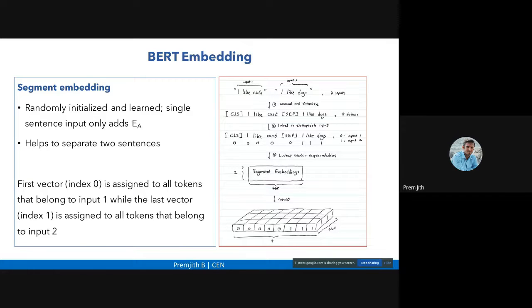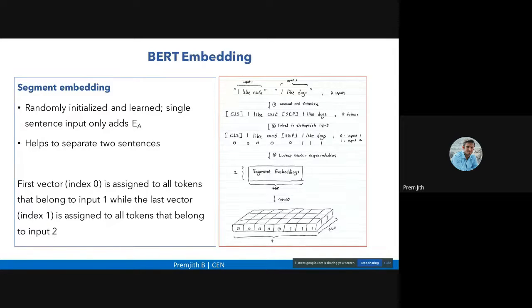Before doing that, we assign index values to each and every sentence. If the sentence index is 0, then we go to that and identify the context of that particular word in that sentence. That's how we generate the segment embedding, by taking the linear combination of the word embeddings.